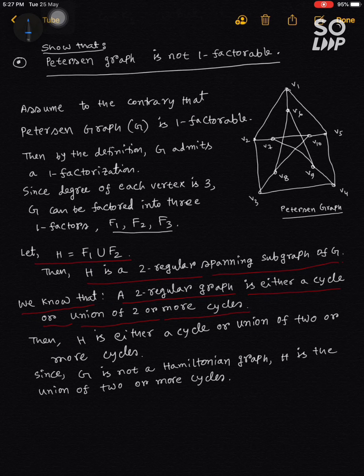Since G is not a Hamiltonian graph, H cannot be a cycle. So H is the union of 2 or more cycles.